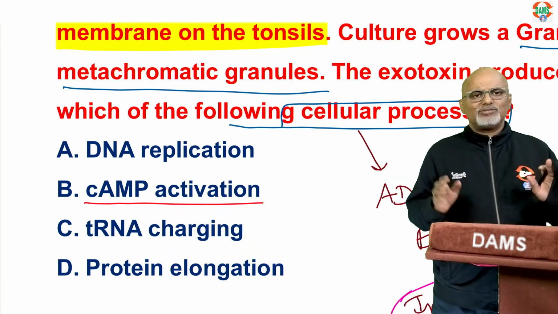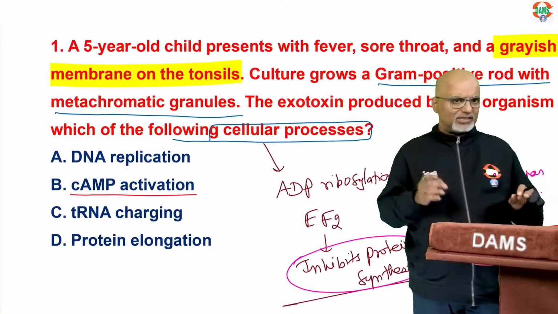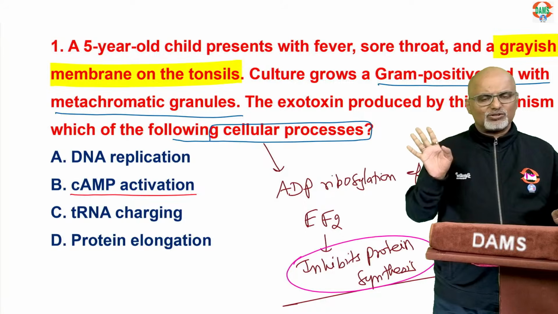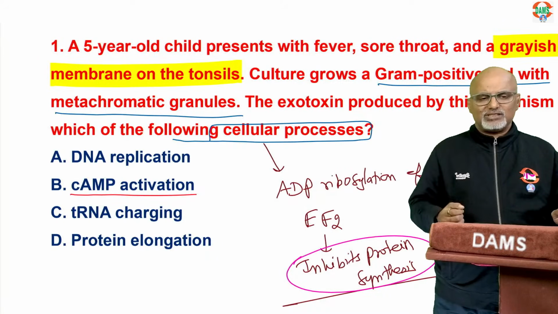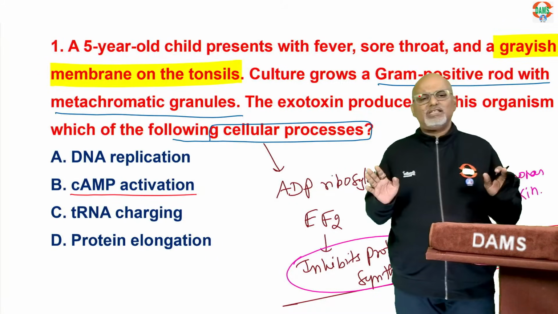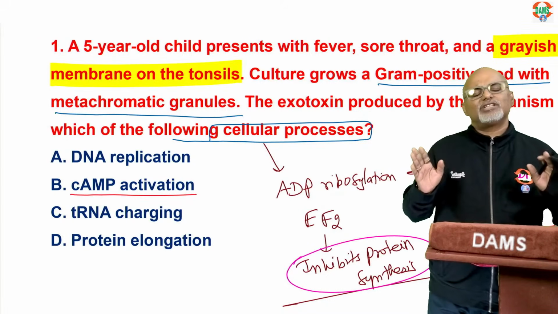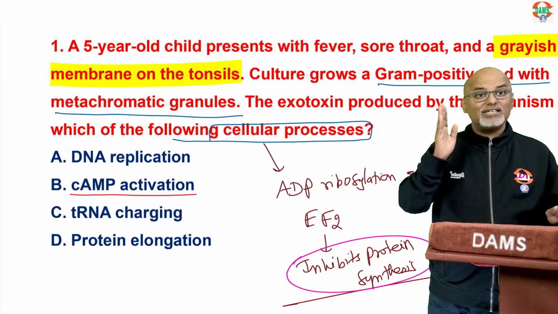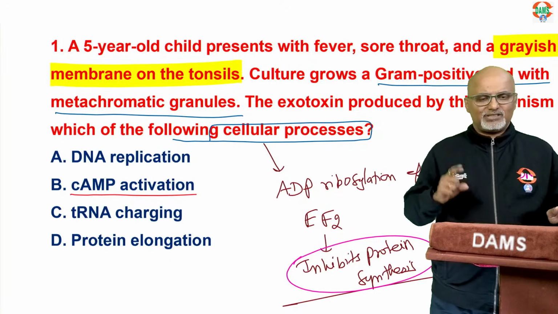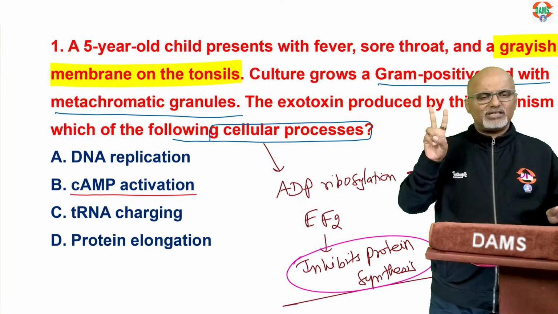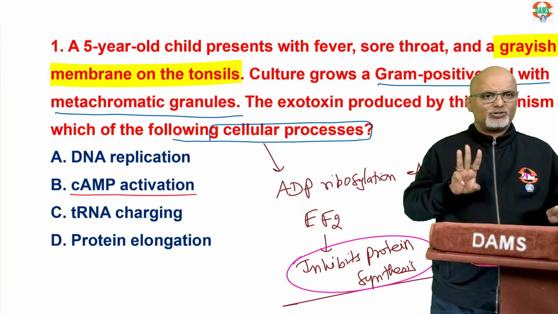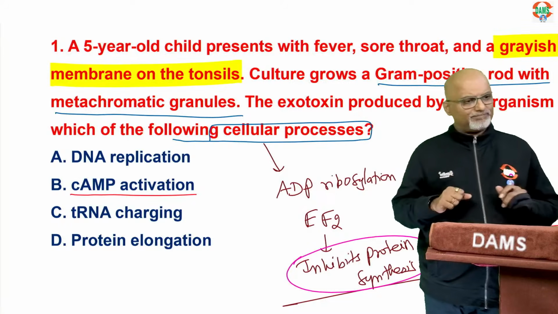So the take home message: one question you can get from toxins. You must know about all the toxins. For example, tetanus toxin. What is the mechanism of action? Don't just read that it inhibits the release of GABA and glycine. You read that it cleaves the SNARE protein, number one. Number two, inhibits the release of GABA and glycine, where? Presynaptic area. So read fully. That is important.